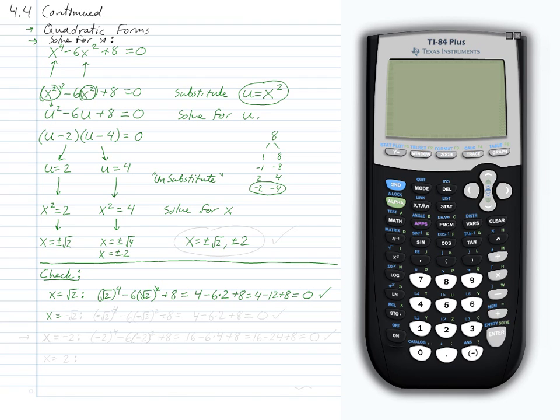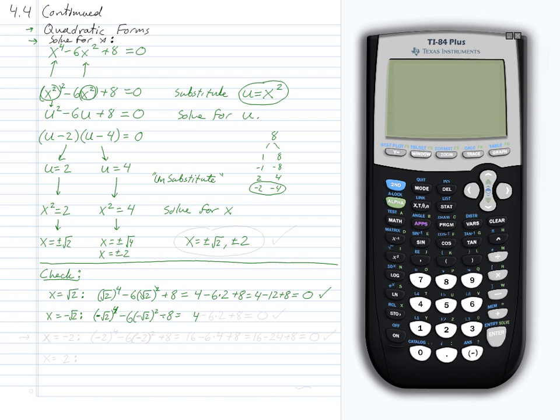Let's check the negative square root of 2. So negative root 2 squared, to the 4th. Watch out for those powers, they can get a little strange now. Minus 6 times the negative square root of 2 squared, plus 8. Well, by a similar argument, raising the negative square root of 2 to the 4th is going to give us 4. And raising the negative to the 4th, an even power, is going to make it positive.